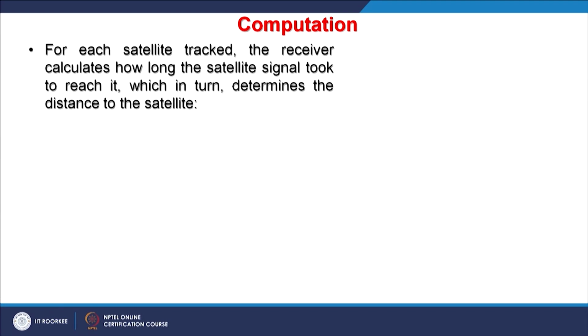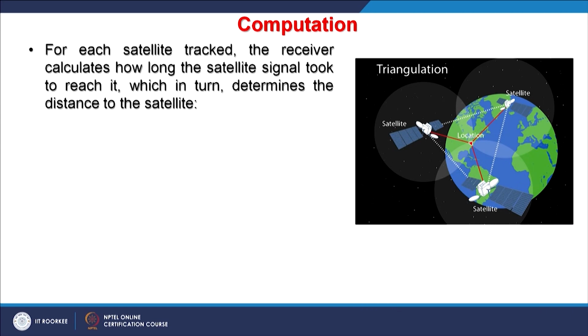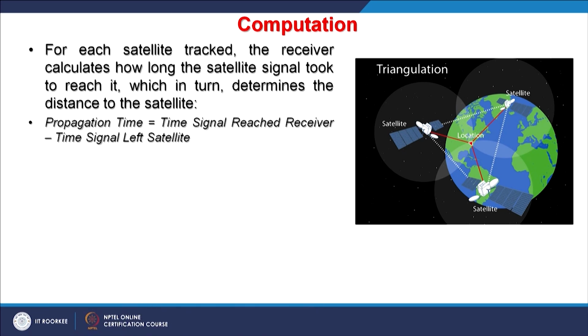Now, once the receiver has logged or started tracking these satellites, it calculates how long the satellite signal took to reach it, the time difference, and in turn determines the distance to the satellite. As shown here, a 3 satellite scenario will give you the 2D position, and the distance to the satellites.